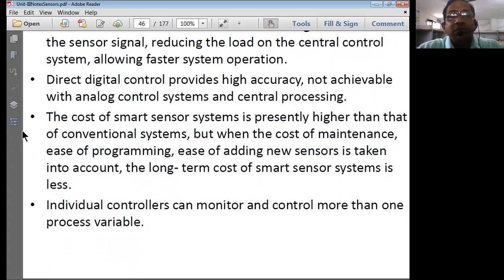Even though the cost of a smart sensor is higher, the cost is affordable if you keep the cost of maintenance in the future in mind. In terms of ease of programming and reconfiguration of systems in the long run, the cost is going to be pretty low. Whenever you buy any digital system nowadays, you should try to buy an advanced system.